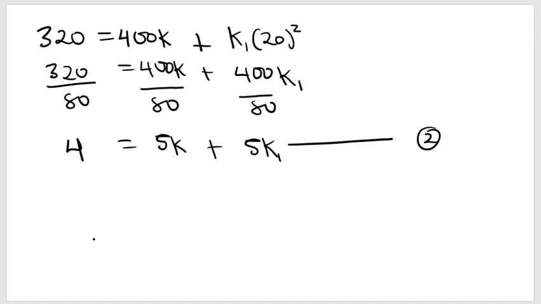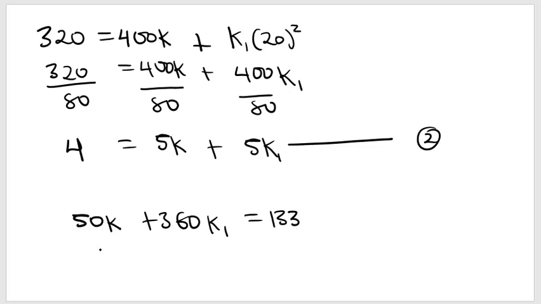Now equation 1, we had 50k plus 360k1 is equal to 133.